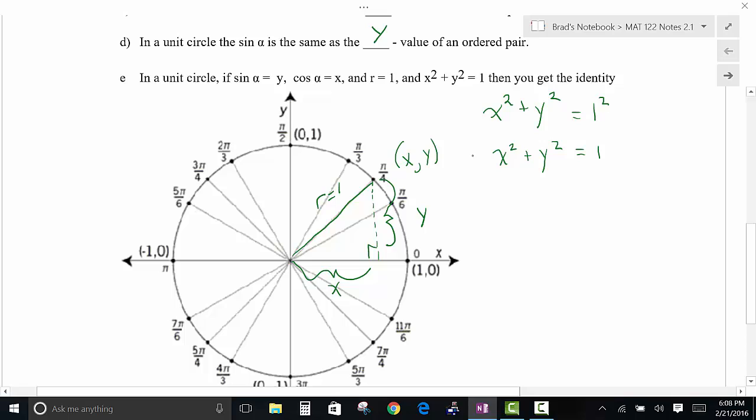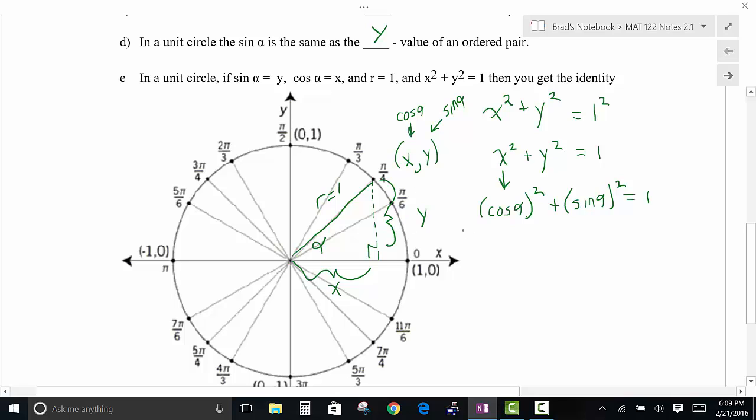So here's the point. In a unit circle, the x value is the cosine. So for this angle alpha, the x value is the cosine of alpha, so this becomes cosine of alpha, squared. The y value in a unit circle, as we just talked about, turns into the sine. So y gets replaced with sine of alpha, squared, equals 1.